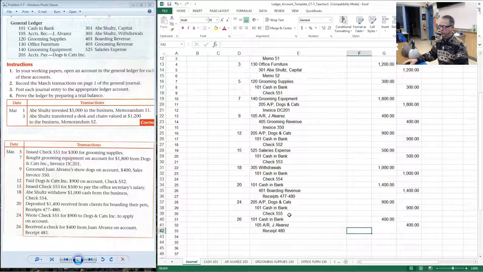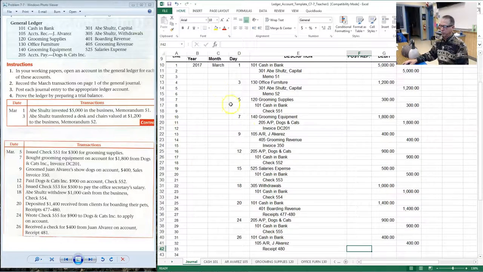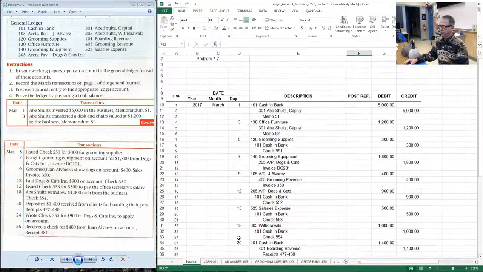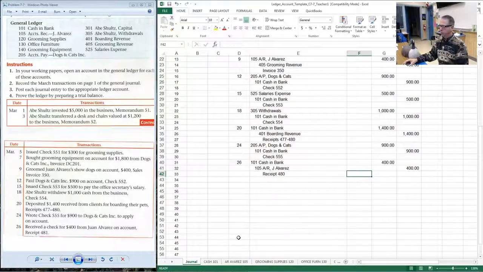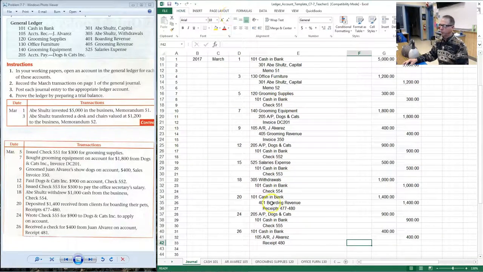Now we're finished, and I think we've got them all. We got the 1st, 3rd, 5th, 7th, 9th, 12th, 15th, 18th, 20th, 24th, 26th, and that looks pretty good. So next up, we will post all of these to our general ledger accounts.